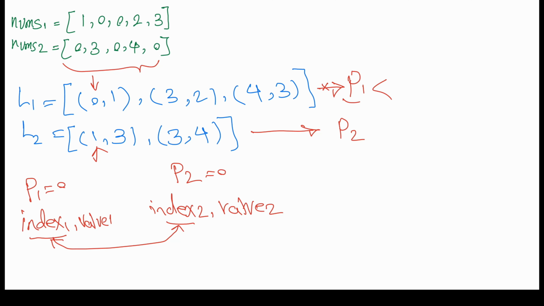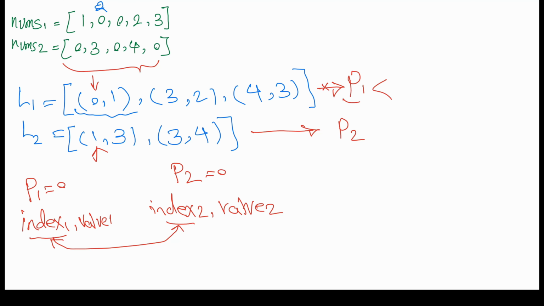And we have to increase this pointer to check that maybe we have another value at index 1 that is the same as this one. Consider a scenario that we have a number like 2 here. Then we have 1 and 2. So we have to increase this index to check, okay, do we have any value at index 1? And we can see in this scenario we have a value here.